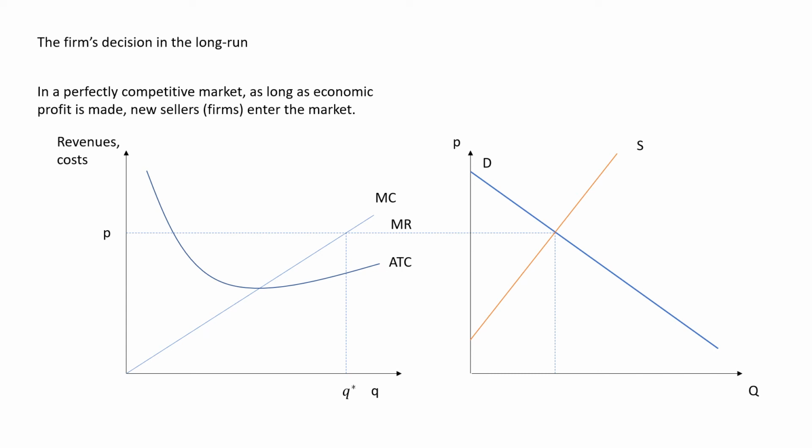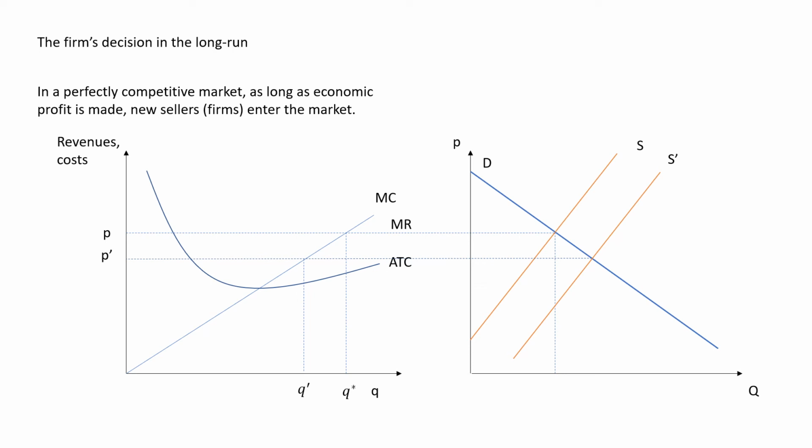Now this will convince other firms to enter this market. So the number of firms increases in the market. That is, the supply curve shifts to the right. So we have a positive supply shift, or a positive supply shock.